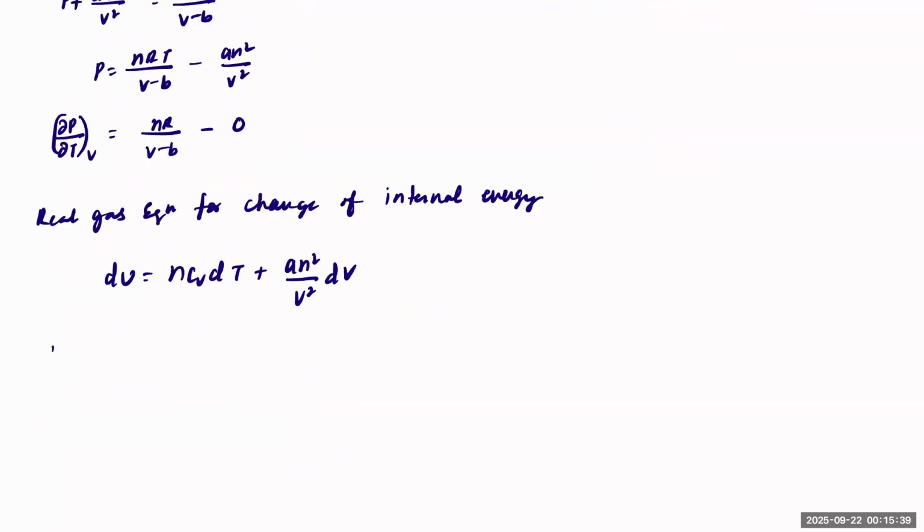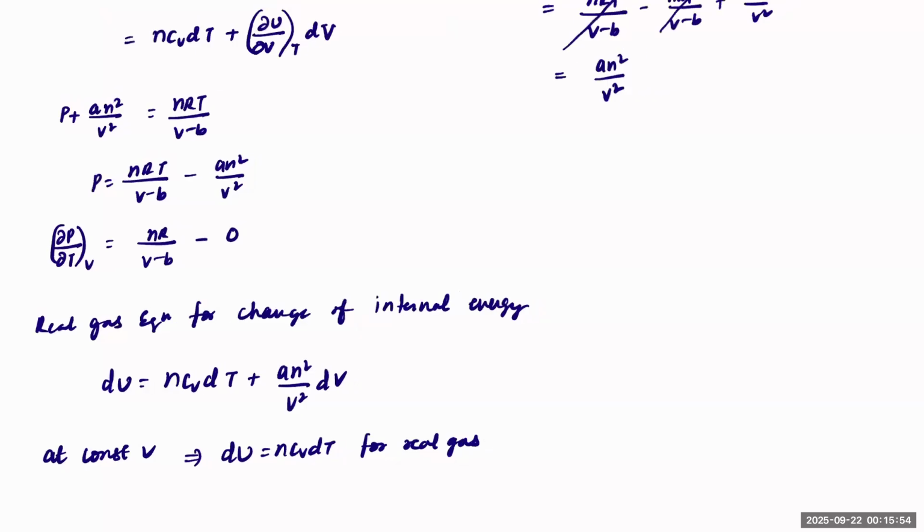Now tell me, if this equation is at constant volume, this factor will become zero. Which means dU will be equal to nCv dT for real gas. So for real gas also we can get this equation, but only at constant volume. Otherwise, if the volume is not constant, then we do not get this value.